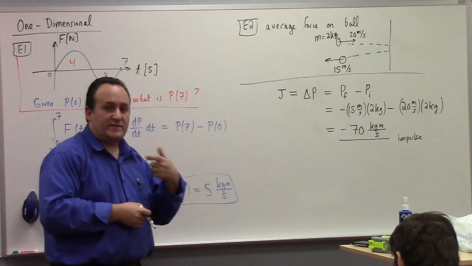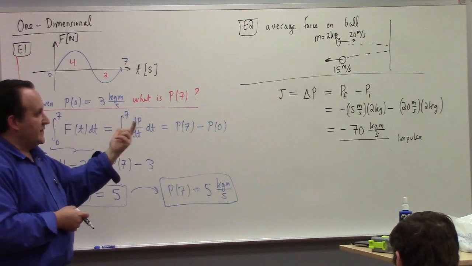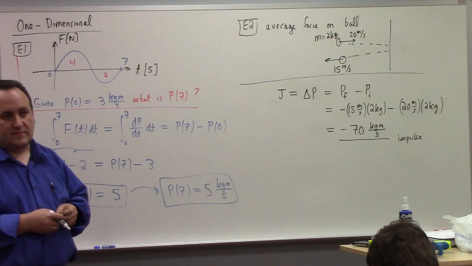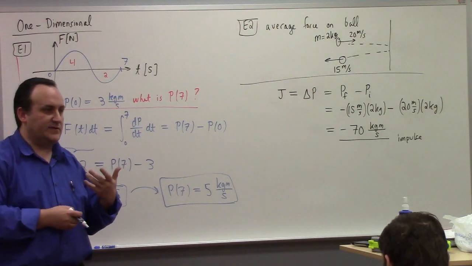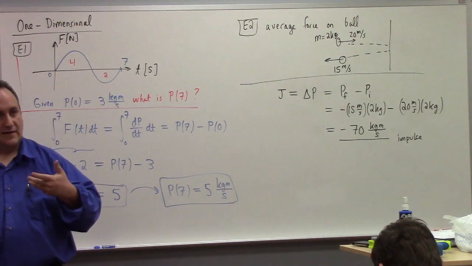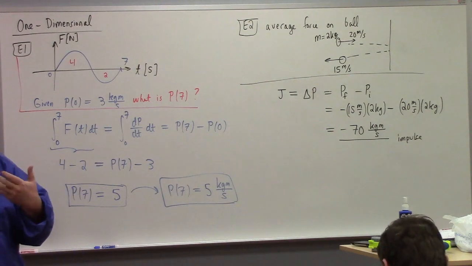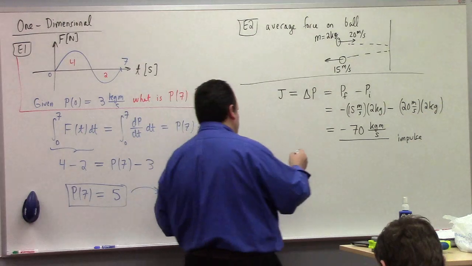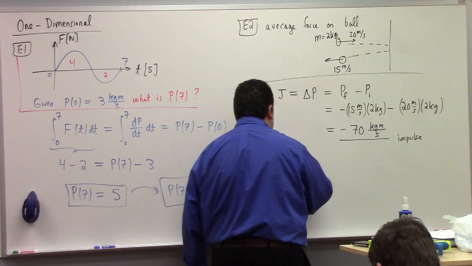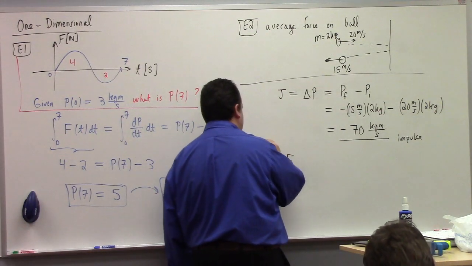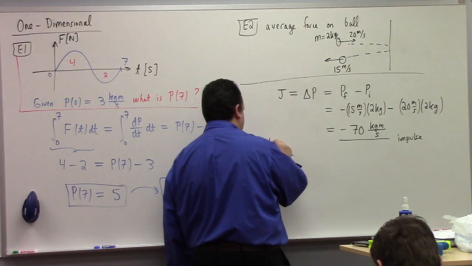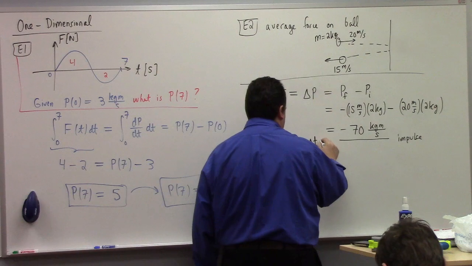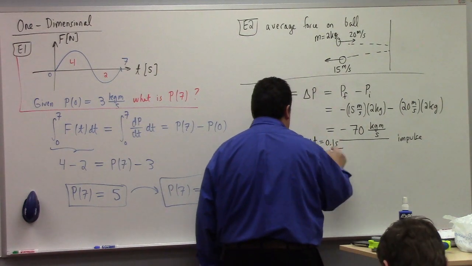Now I'll ask the question, what's the average force exerted on the ball by the wall, right? Now that question only can have an answer if we tell the time scale, right? How fast the rebound happens will inform how big that force was to make this change happen, right? So let's suppose that it happens over 1/10 of a second. Suppose the rebound is over a delta t of 0.1 seconds.